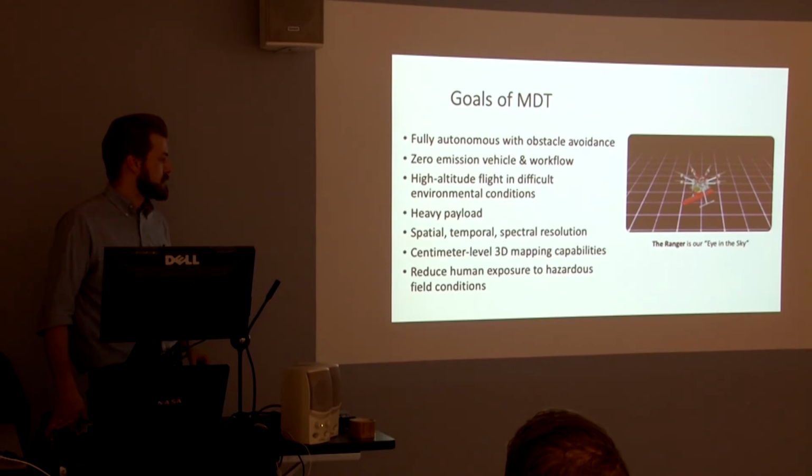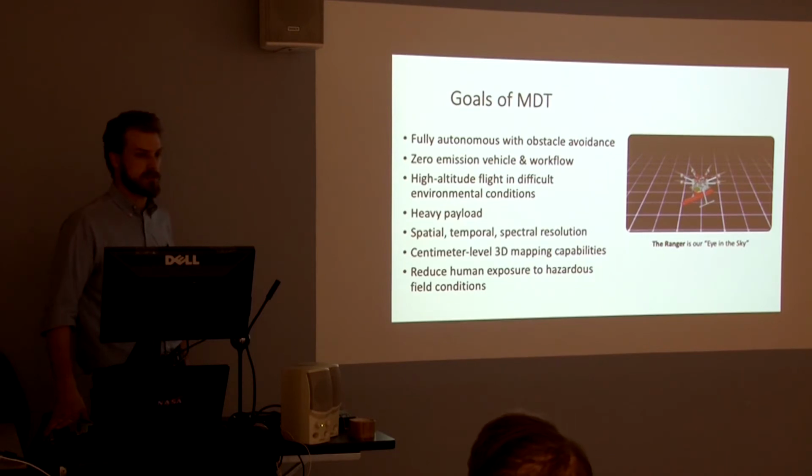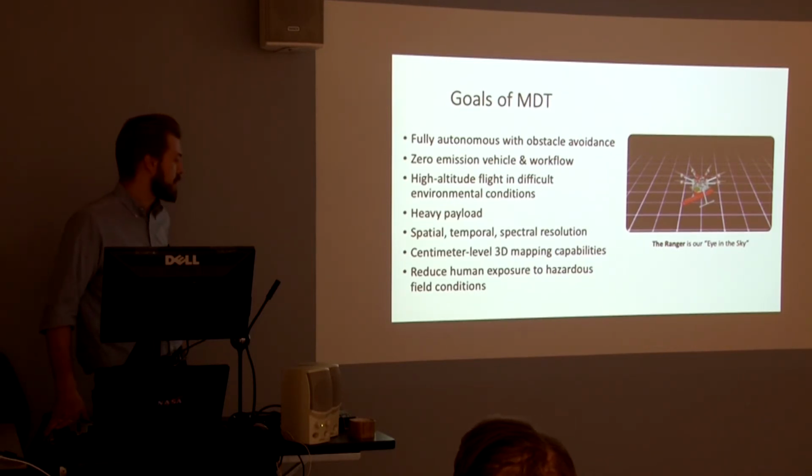And then depending upon the instrumentation involved, see it in different ways along that electromagnetic spectrum. And build off what we've learned from the structure from motion algorithms by incorporating active sensors like Lidar. And consequently, not only get up and see some things that have been difficult to observe, but reduce human exposure to hazardous field conditions as part of that.